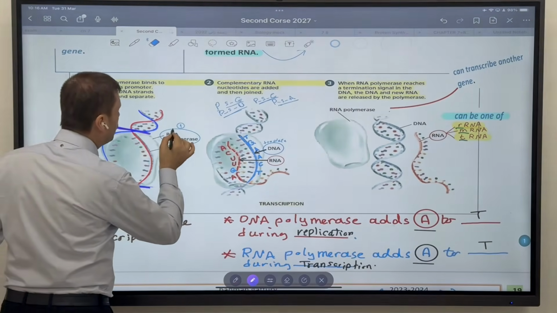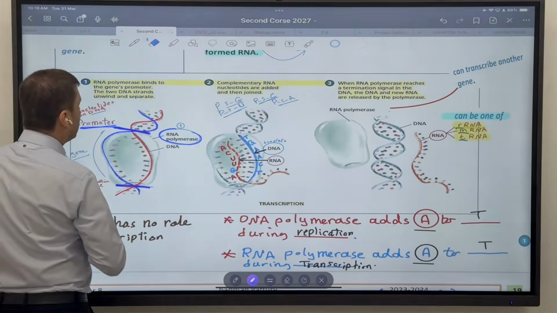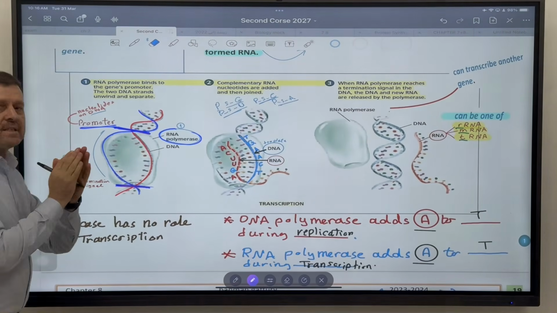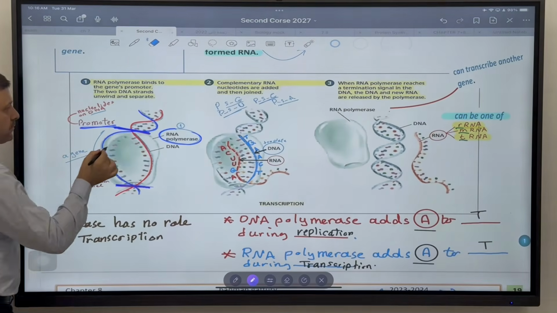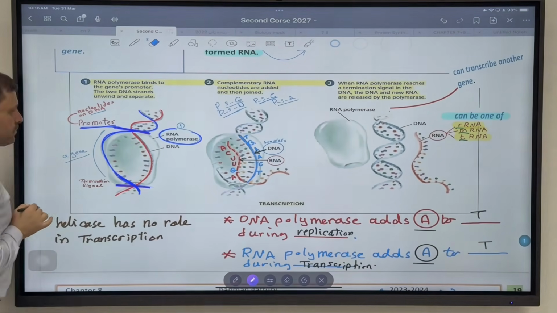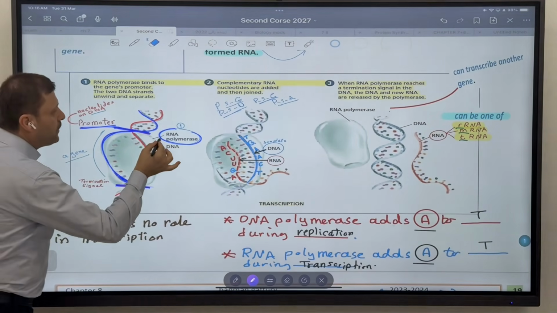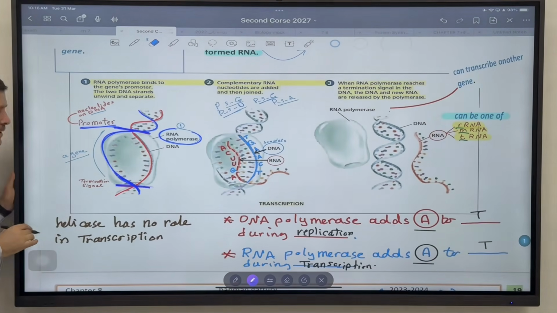RNA polymerase binds to the promoter. After binding, the 2 strands separate. After separating, the process begins. Then RNA polymerase adds complementary nucleotides to 1 strand only.